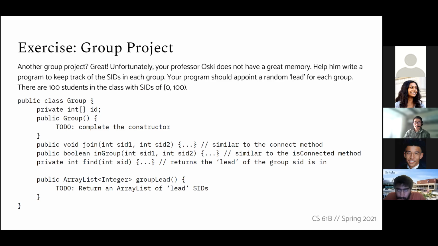So it's not quite a weighted quick union, but it takes the idea of using negated values and the magnitude of those negated values to give us more information about a set, or in this case, a group. Okay.